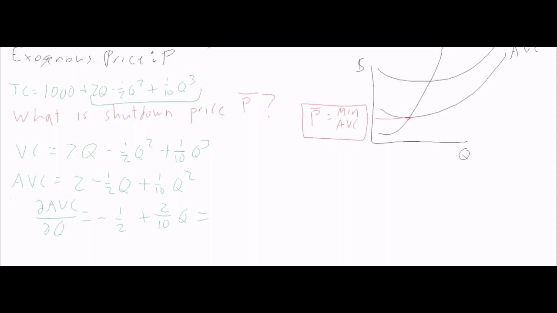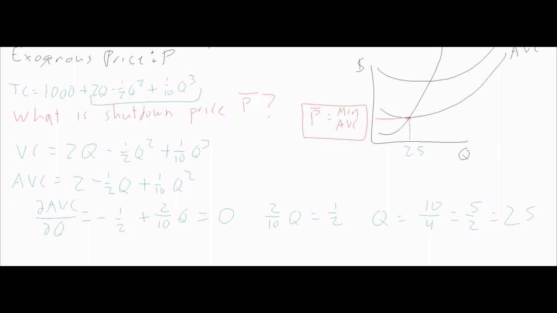I'm going to set this equation equal to 0. Well, let's see. That means that 2/10 Q is equal to 1/2. Now let me reduce these fractions a bit. That means that Q is equal to 10 over 4, or 5 over 2, or 2.5, however you want to write it. And so that tells us that this point is 2.5.